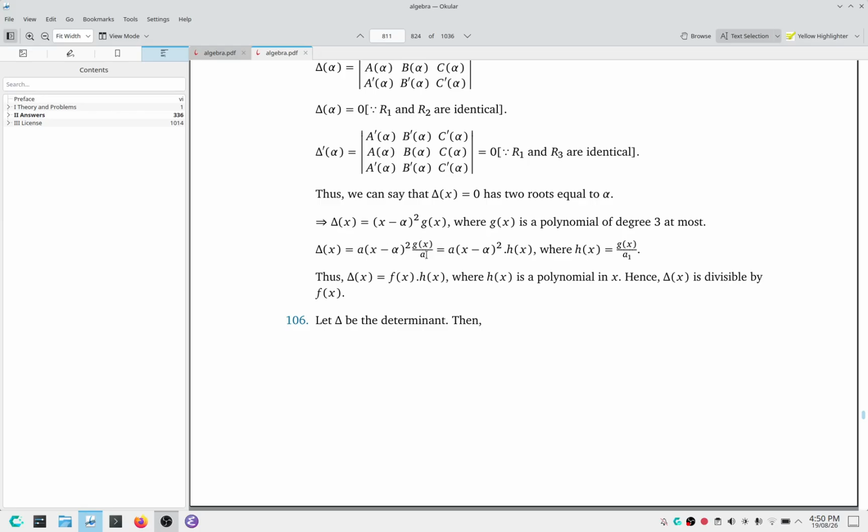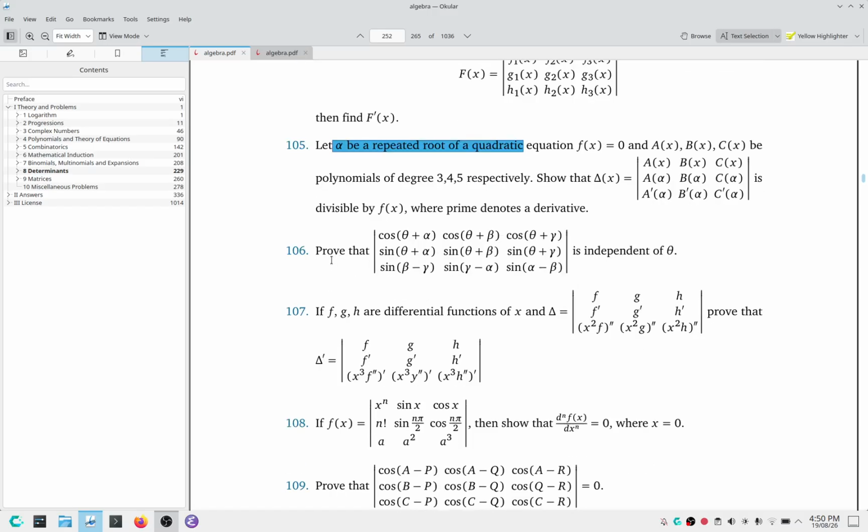So we multiply and divide by a. Now a x minus alpha whole square h of x, where h of x is equal to g of x upon a. So we can say that delta x is equal to f x into h x, where h x is a polynomial in x. Hence delta x is divisible by f of x.